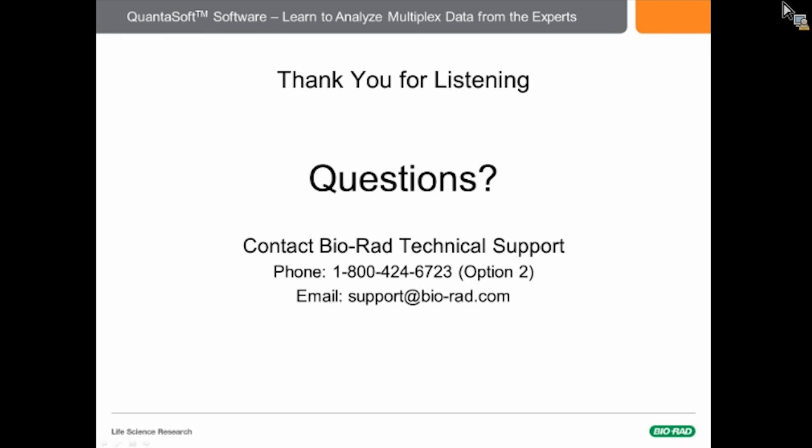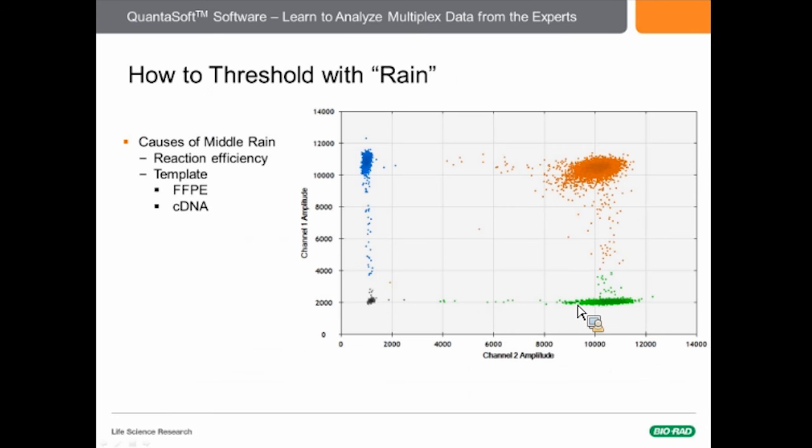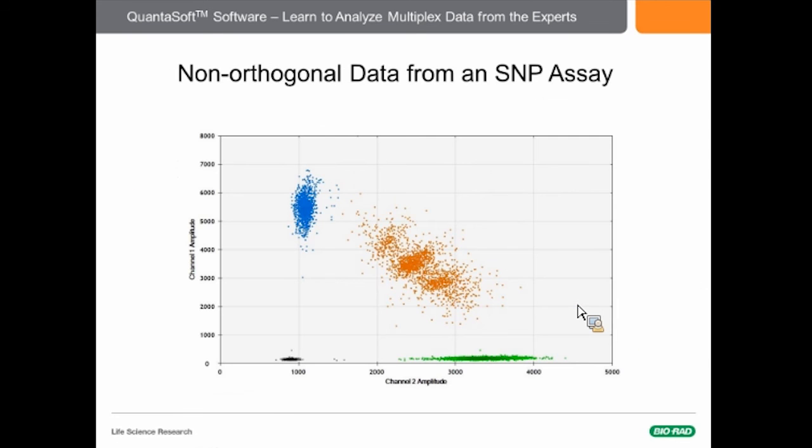So let's move back to that slide. I believe this was the slide here. For this one, we have our mutant population as well as our double positives.